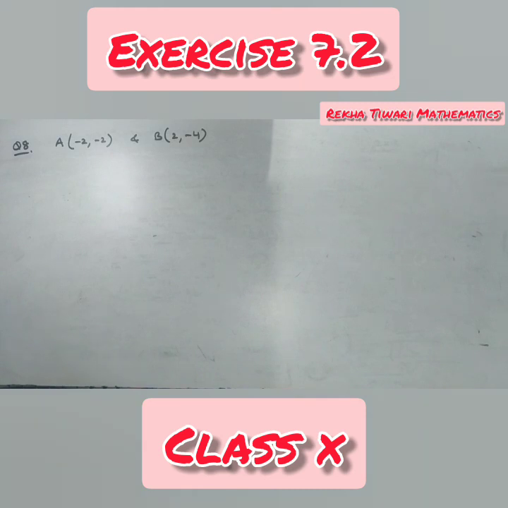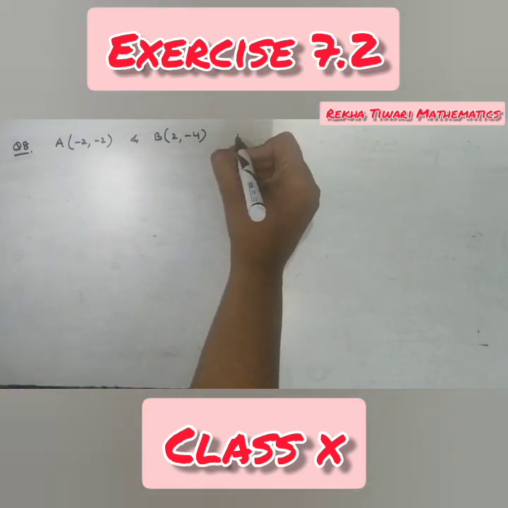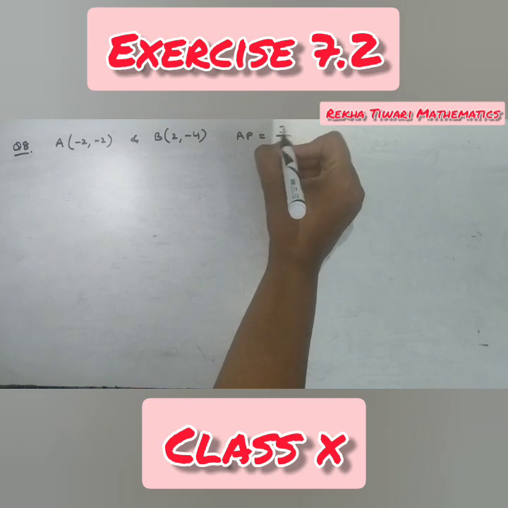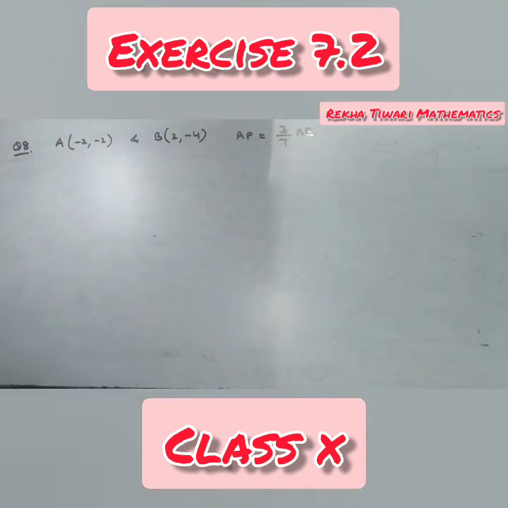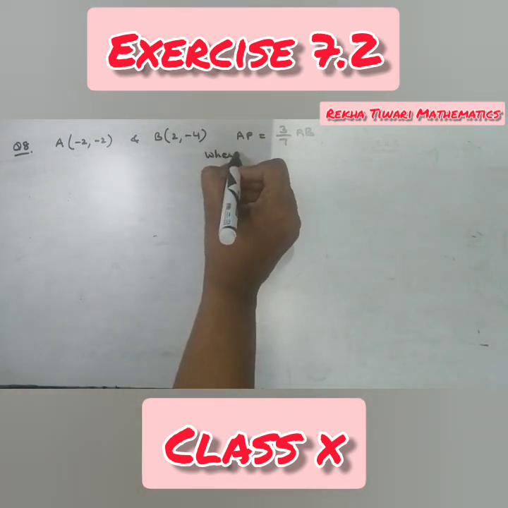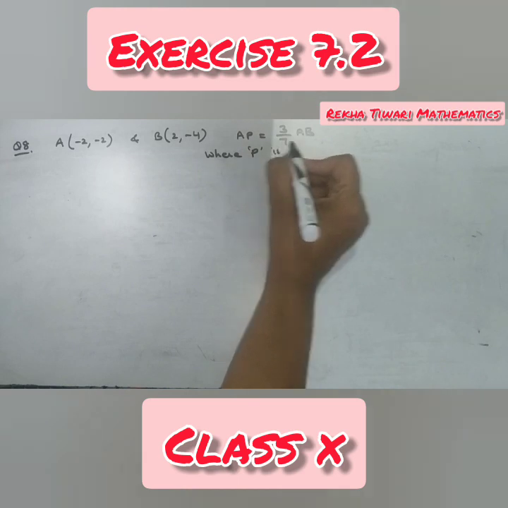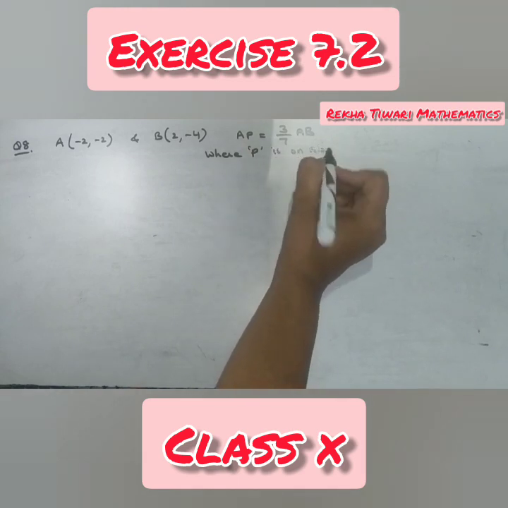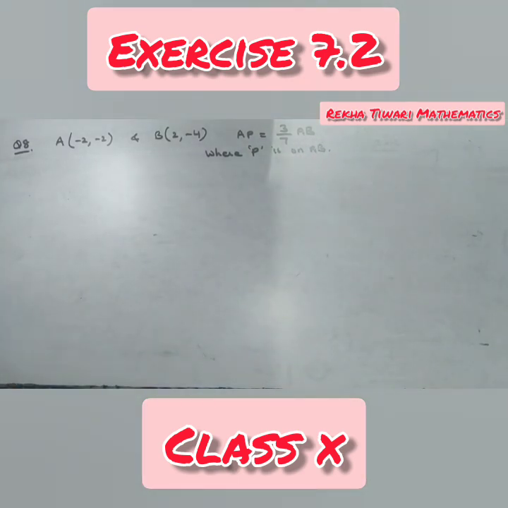Find the coordinates of P such that AP is equal to 3/7 of AB and P lies on the line segment AB. Okay, where P is on AB. Your question is you have to find the coordinates of P.